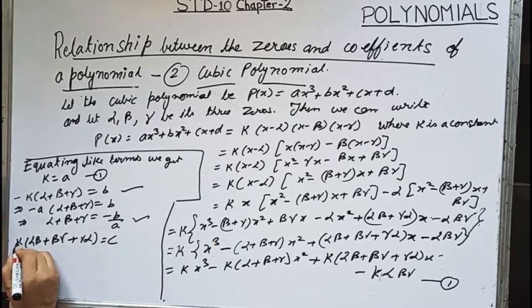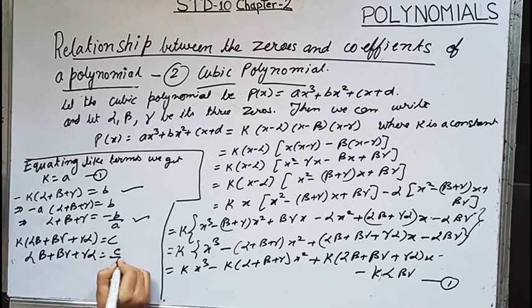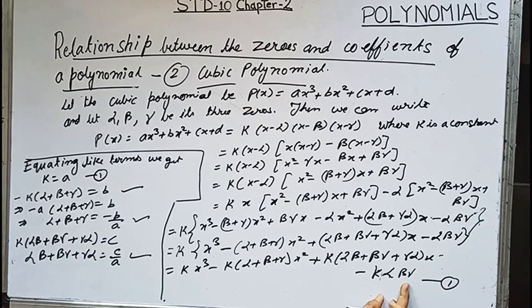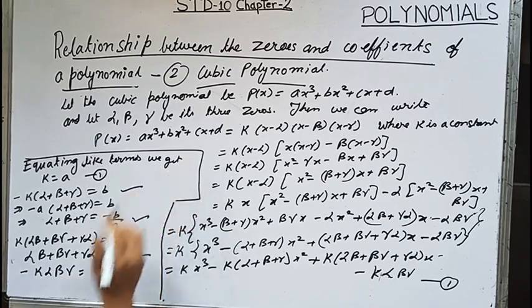Now the value of k is a, so we can write alpha beta + beta gamma + gamma alpha = c by a. The last, the constant term, minus k alpha beta gamma = d.